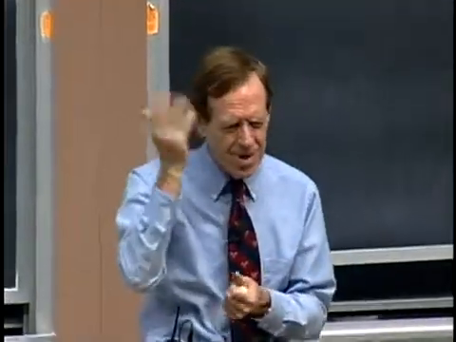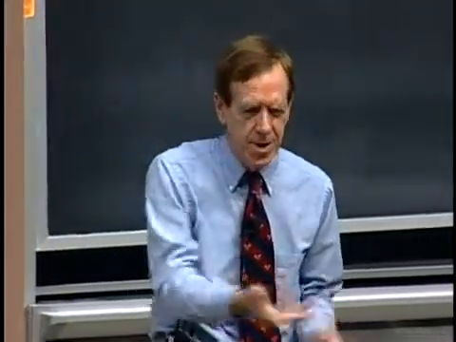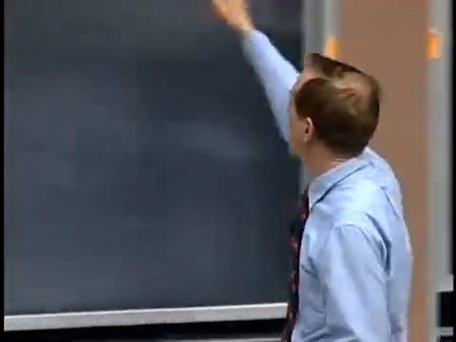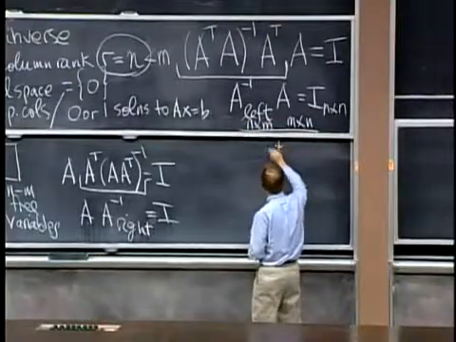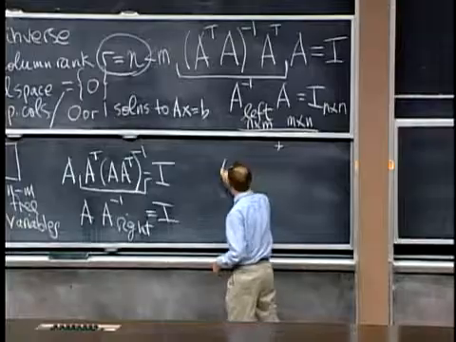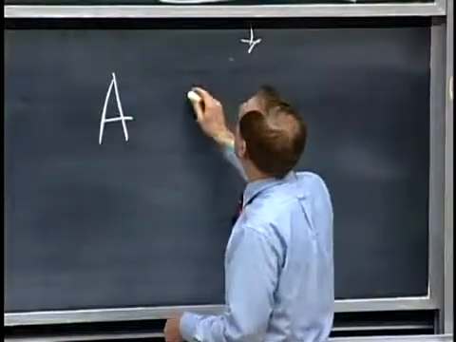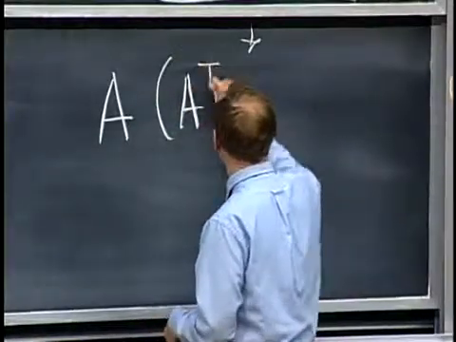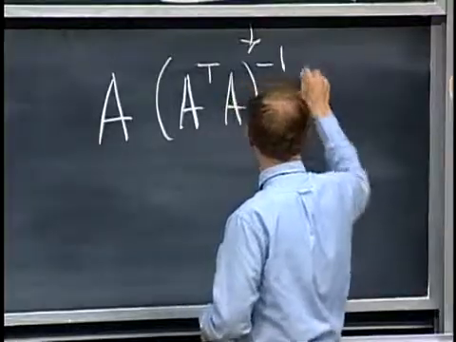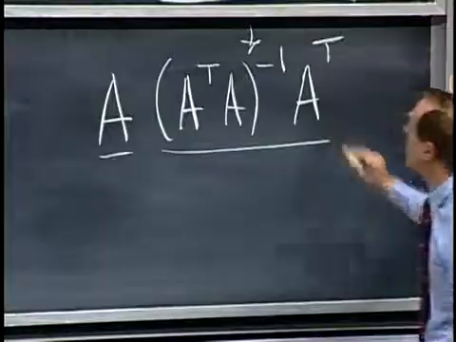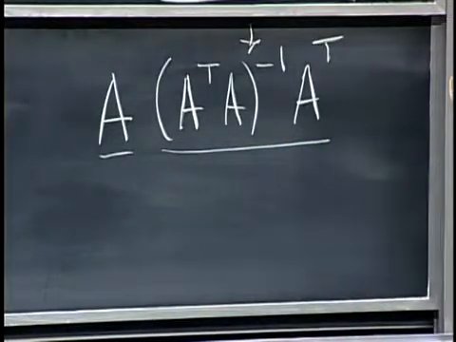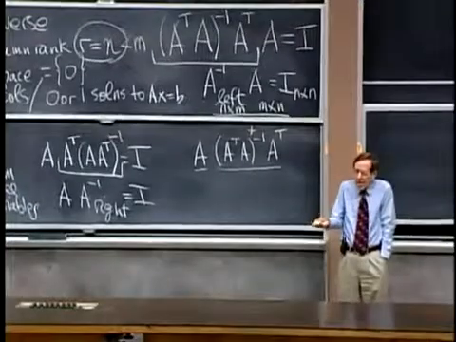But then I realized I should ask you, what do we get? So if I put them in the other order, A times A inverse left, there's A times the left inverse, but it's not on the left anymore. So it's not going to come out perfectly.